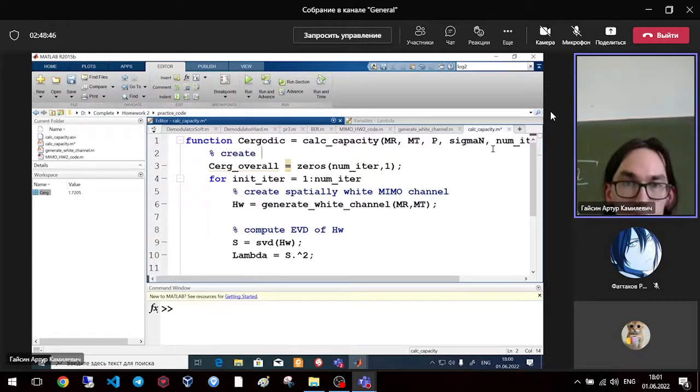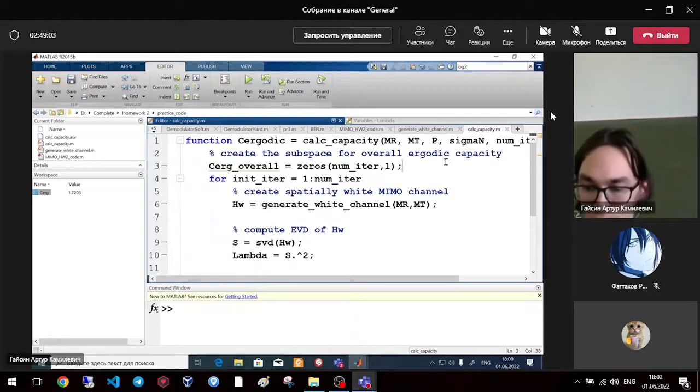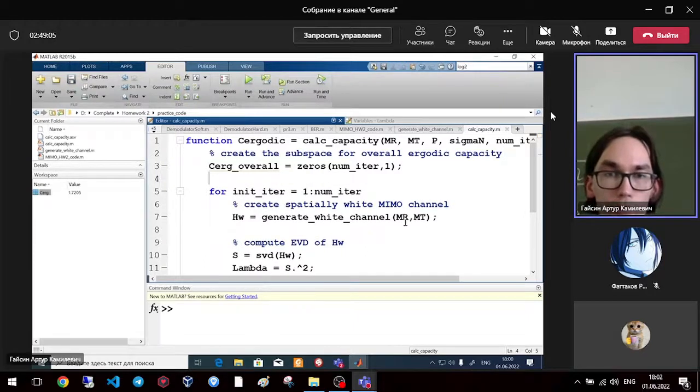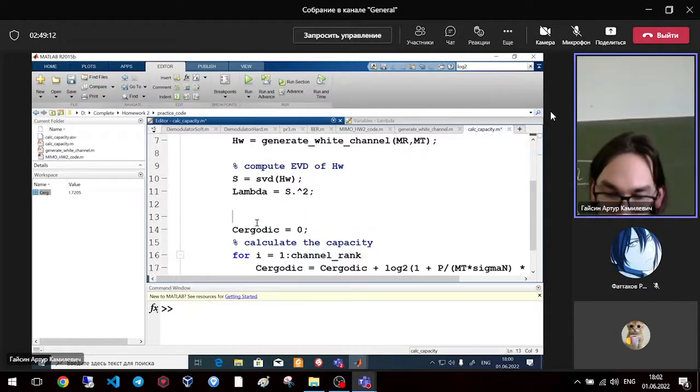Right, create maybe the subspace for overall ergodic capacity. And you can see that we put this channel rank inside of this thing, so we can move it outside, yes.